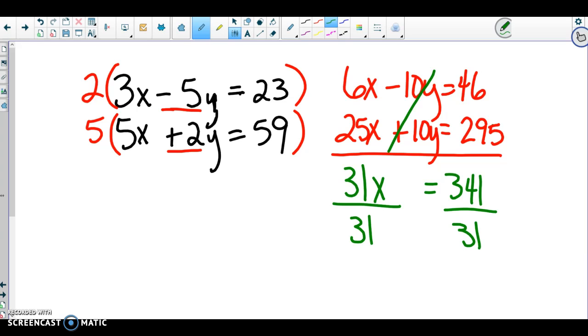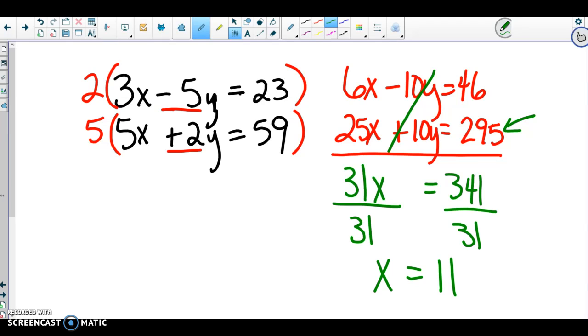Wait a minute. So 295 is what that should equal instead of 290, so that when I add that to the 46 that is there, 46 plus 295, we end up with 341. And then when we divide by 31, x is going to equal 11. Okay, so I had some math errors there.